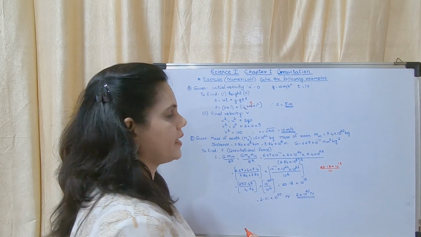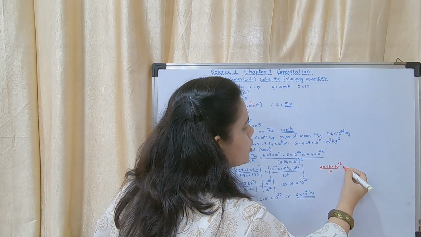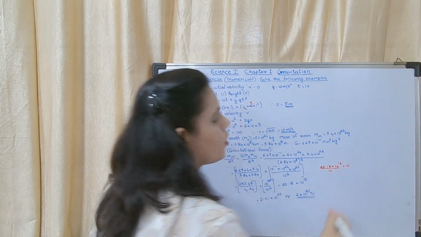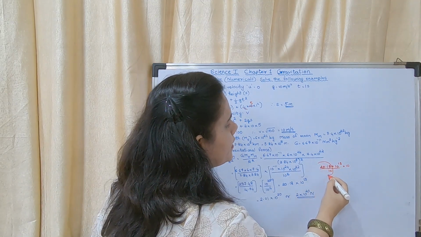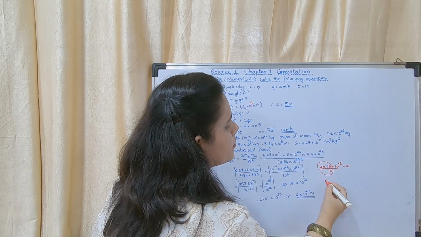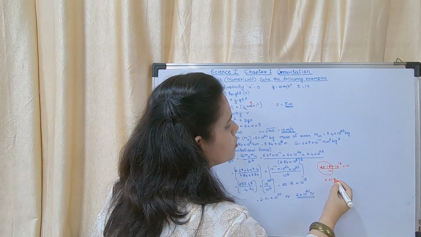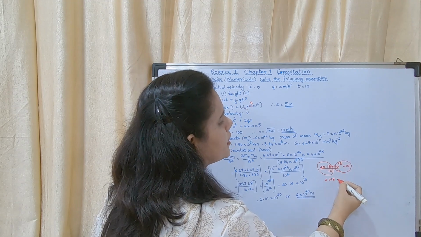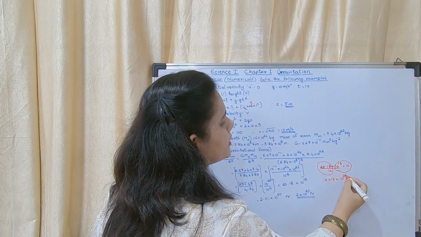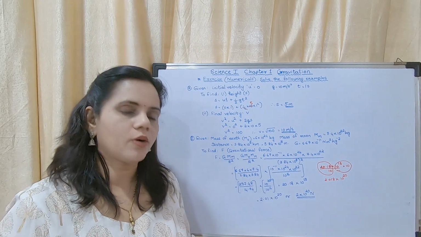Okay, divide it by 10. If you divide it by 10, you have to multiply it with 10 also. Okay, now here when you divide it by 10, the number becomes 2.018. And what does this become? It becomes into 10 raised to 20. Okay, this is how it comes.